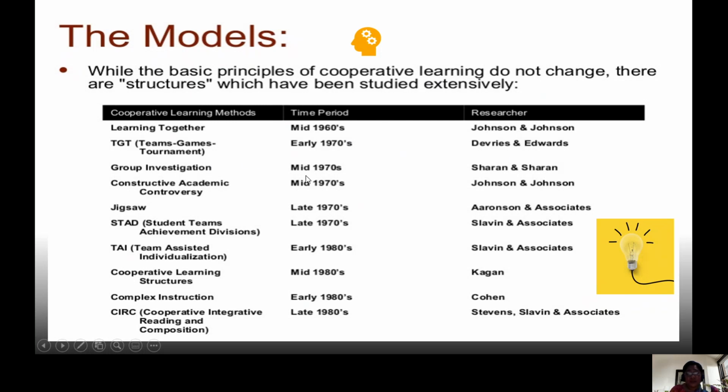Group Investigation in the mid 1970s by Sharan and Sharan. Constructive Academic Controversy, mid 1970s. And the very well known Jigsaw by late 1970s by Aronson and associates. So these are the cooperative learning models that have been developed throughout the years by different researchers.